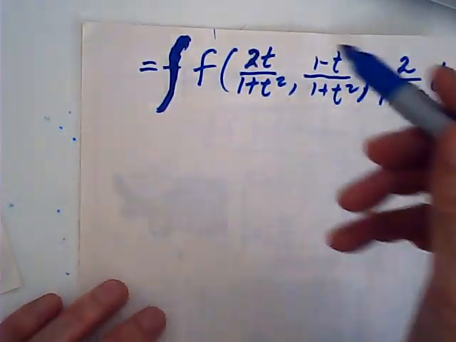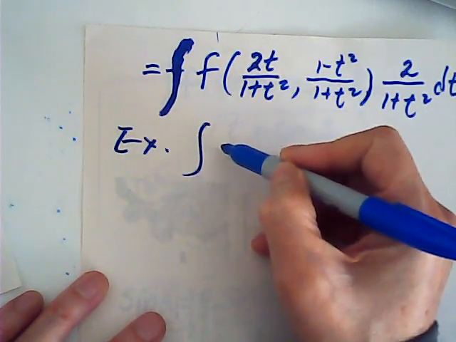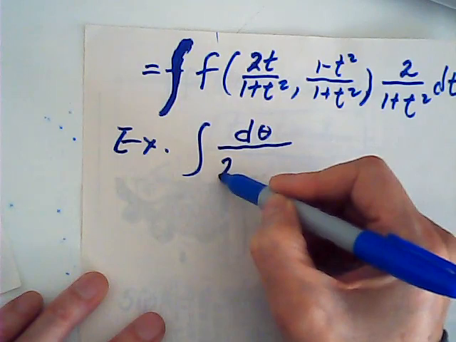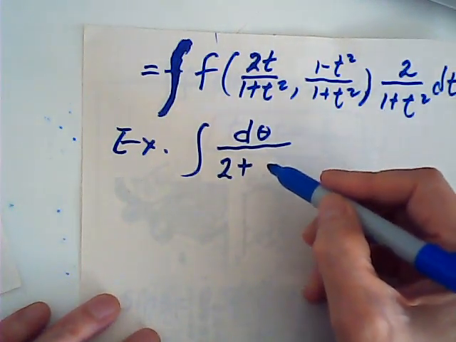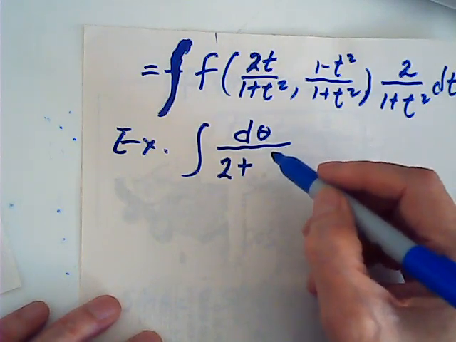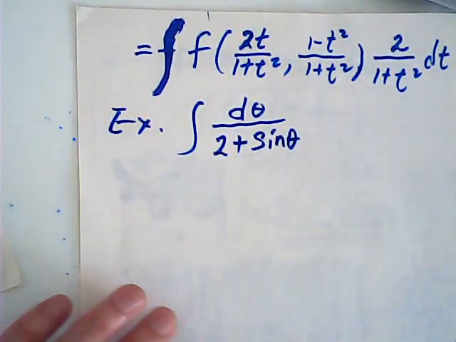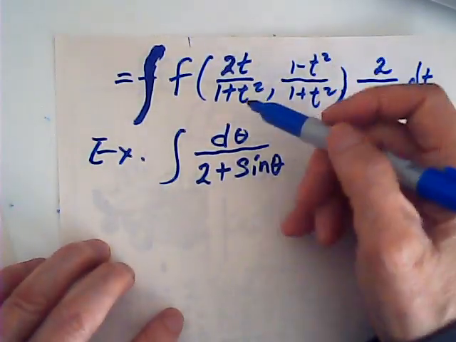Let's have one example, okay? Example. This is an example: the integral of d theta over 2 plus sine theta. Well, it looks not complicated, but it's not easy to do.